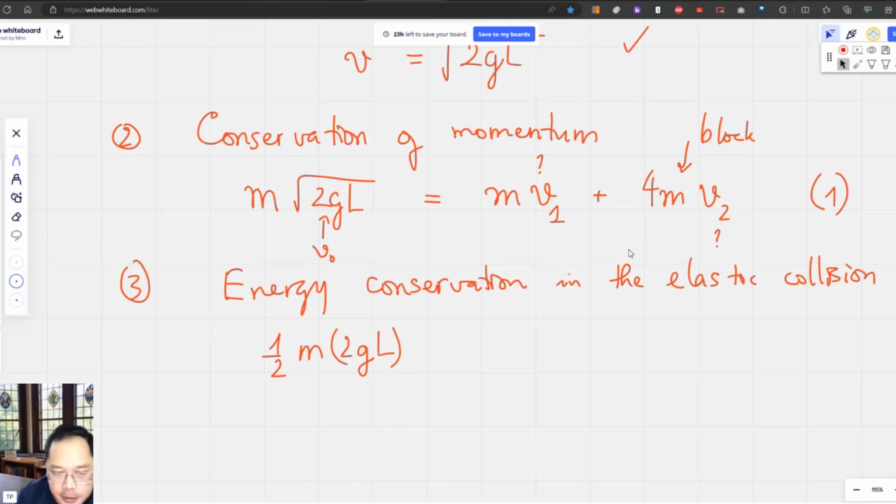This is the kinetic energy before the collision.